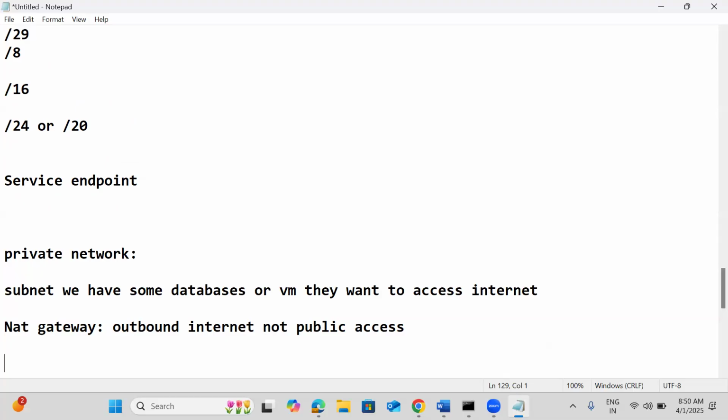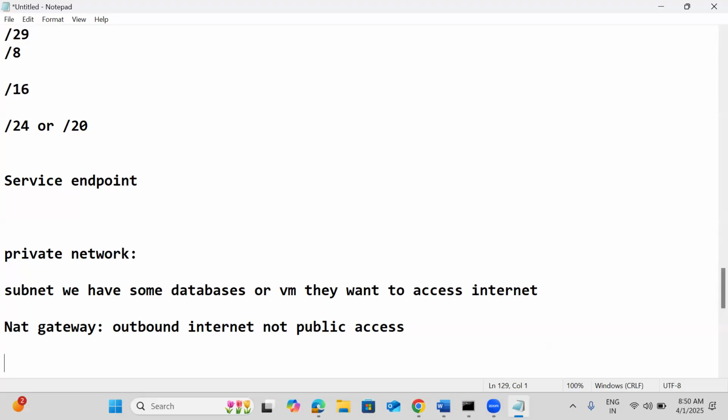It's a private subnet, but it is going to get outbound internet only. If I give internet access over inbound also, then those database servers or private subnets would be publicly reachable, and I don't want that. What I want to provide is internet for that VM.